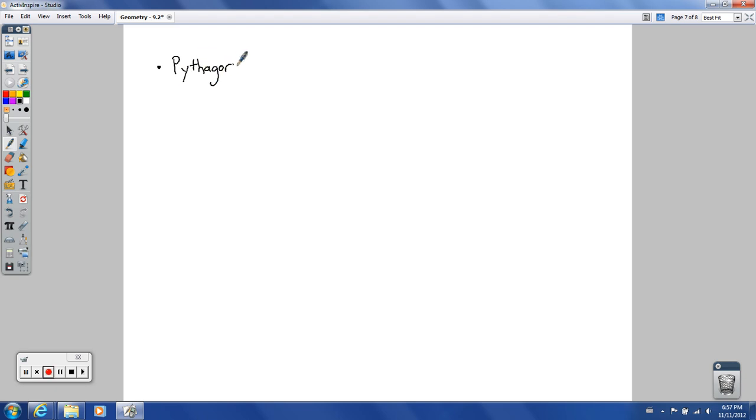So Pythagorean triple, let's define what that is. It is a set of 3 whole numbers. They have to be whole numbers, so I'll underline that.